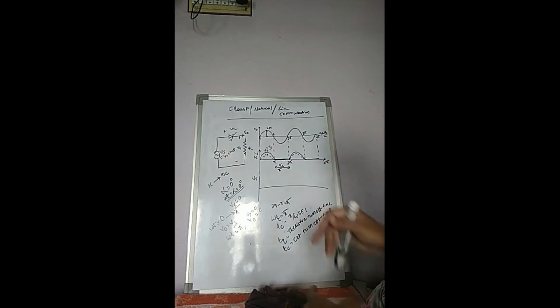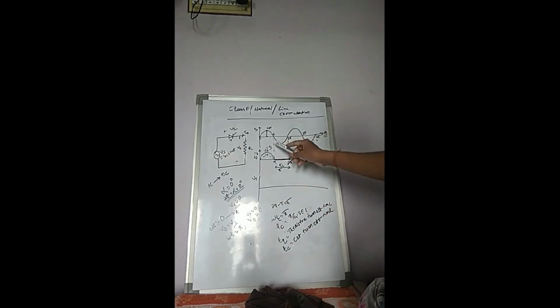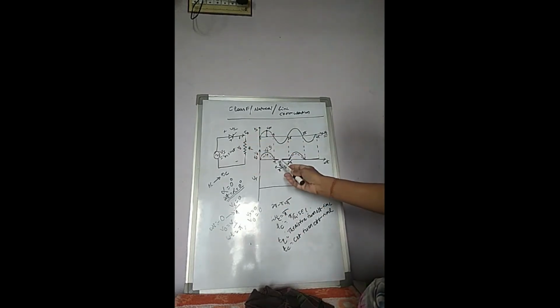What happens in the line commutation method? When we give a positive supply, there is a load voltage and a load current. When we give a negative supply, the thyristor is naturally off. That's why there is no load voltage and no load current, that means 0.